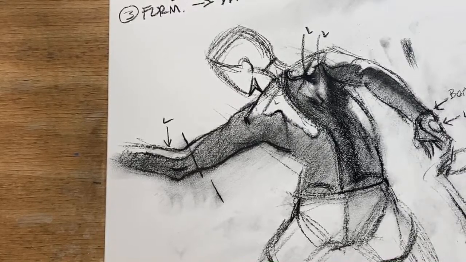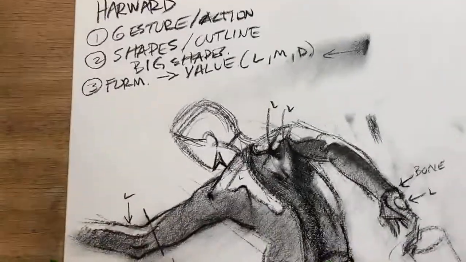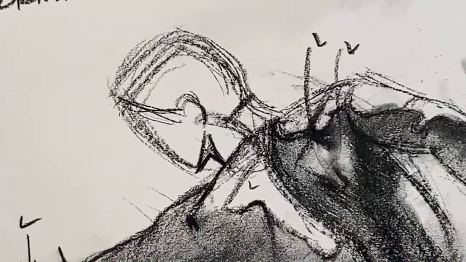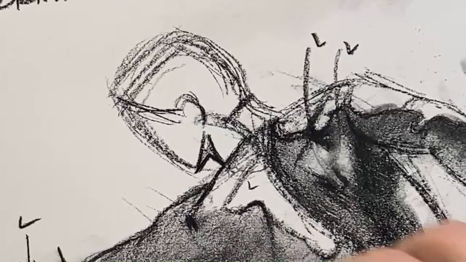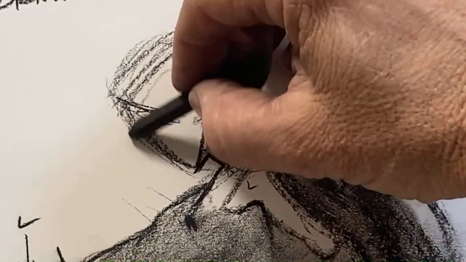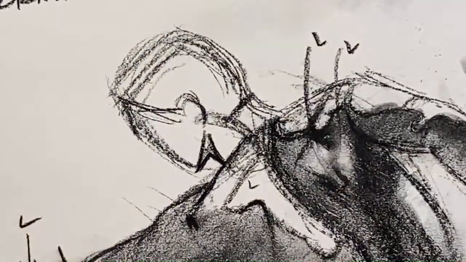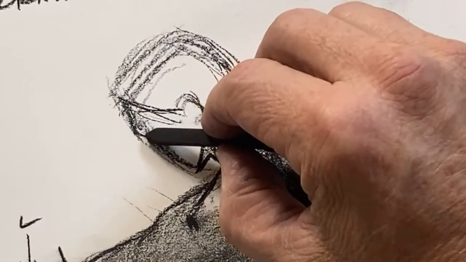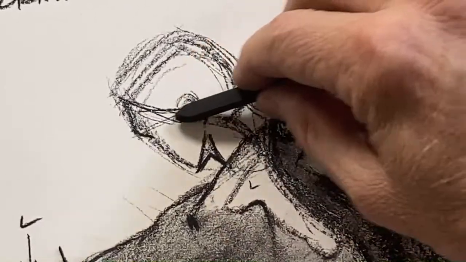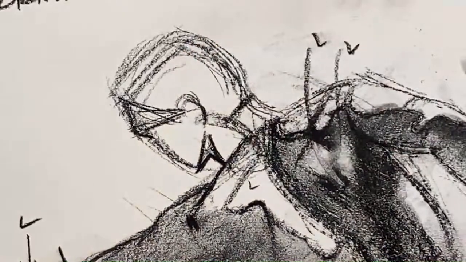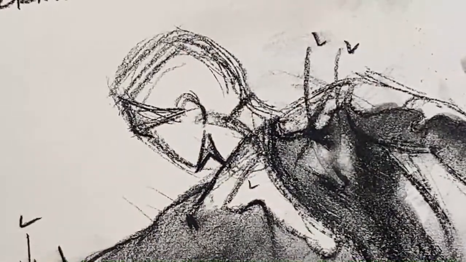Now, I want to direct your attention to the head for a minute here. So the head, it's like a box, and we have this coming out. Here's the forehead coming out, and the brow goes back, and it's lining up to the ear down there.